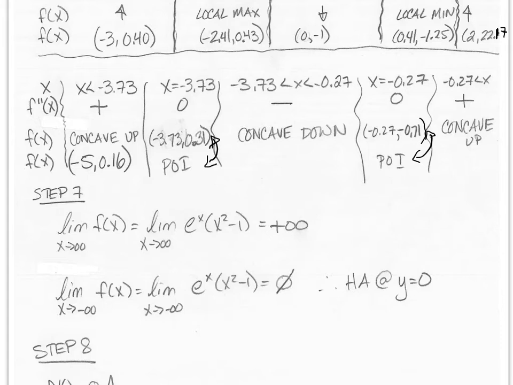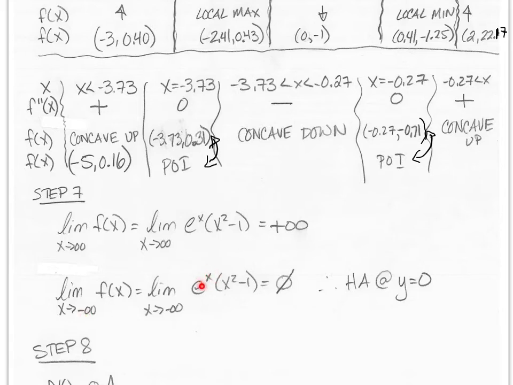We get to step 7, so we're looking for the potential for asymptotes. So we let x go to positive infinity for the first one. And if you look, if this goes to positive infinity for x right there, and this one too, overall that's going to be positive infinity. The one that I really liked here was going to negative infinity. Look what happens.